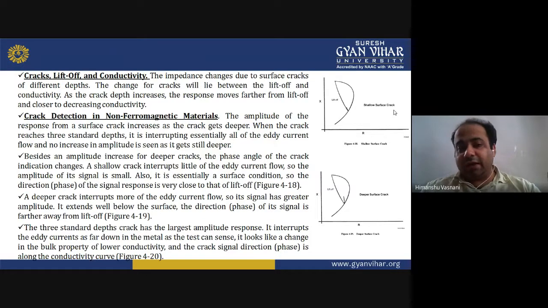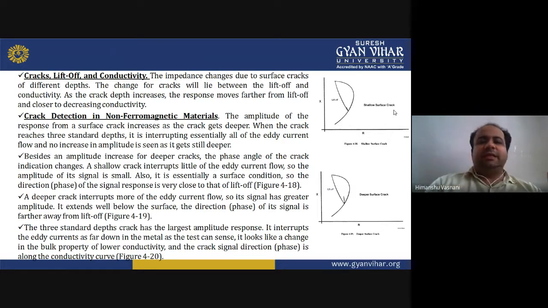A shallow crack interrupts little of the eddy current flow, so the amplitude of its signal is small. Also, it is essentially a surface condition, so the direction or phase of the signal response is very close to that of liftoff.